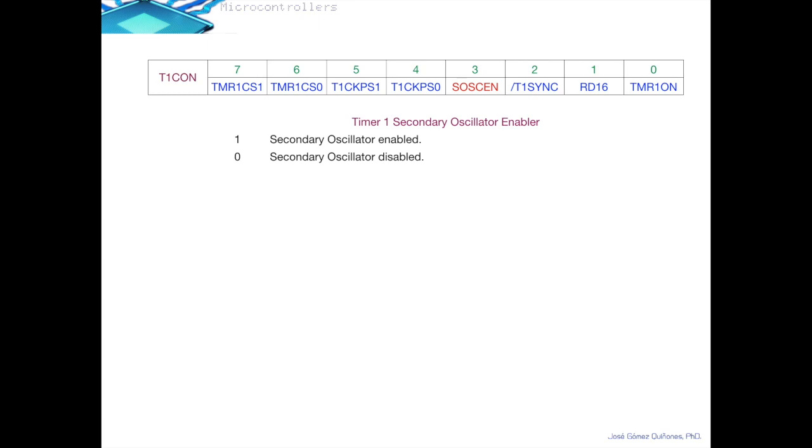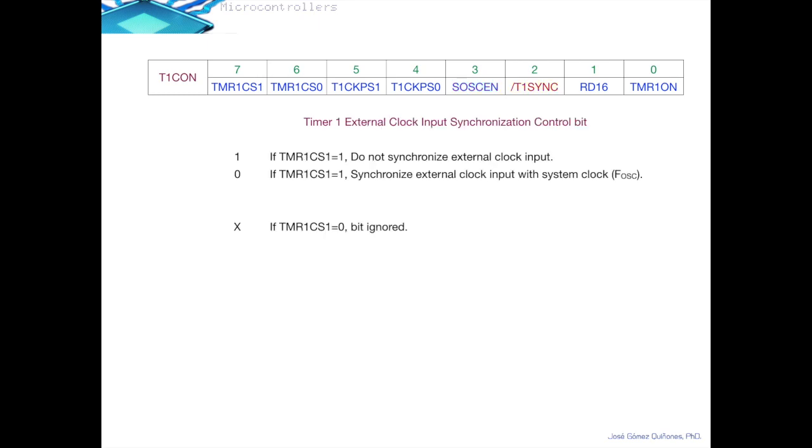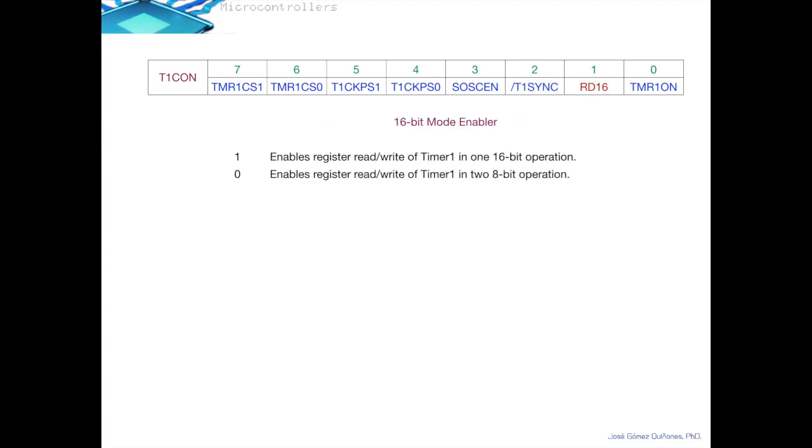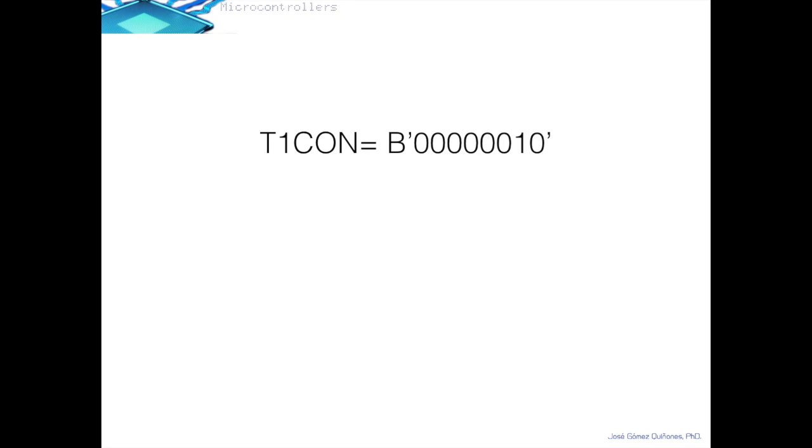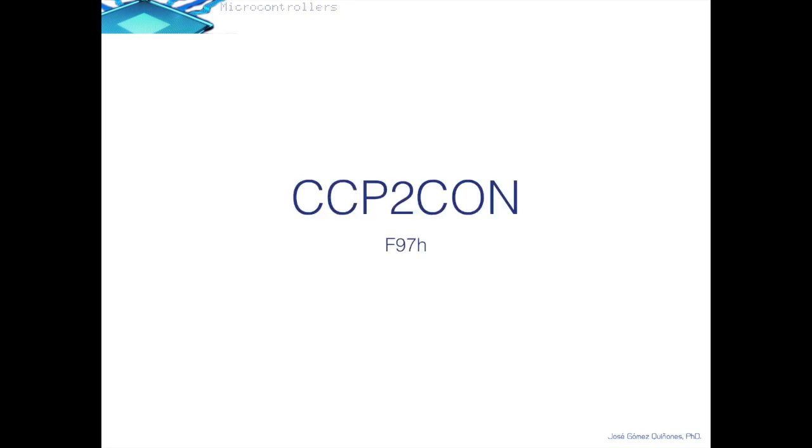Our secondary oscillator is going to be disabled, and there is no point in synchronizing our timer 1 to an external input. We decide to program it as a 16-bit timer, and at this time we are going to have our timer off. So in timer 1 control we are going to store number 02 hexadecimal.